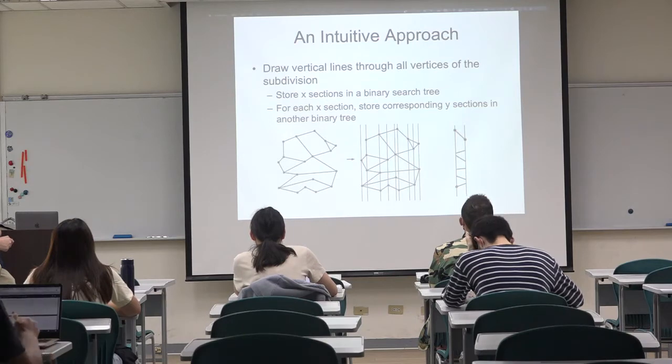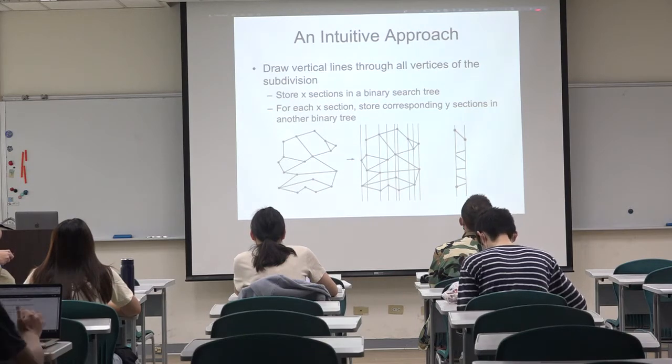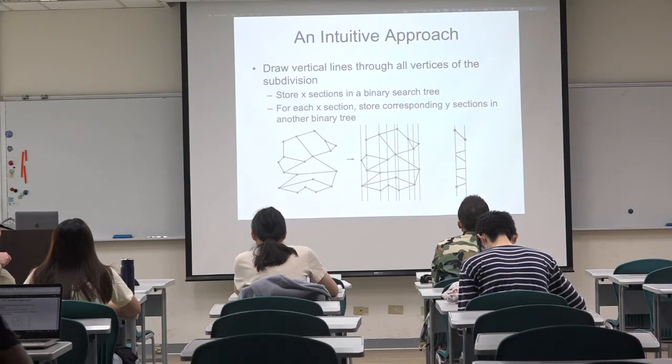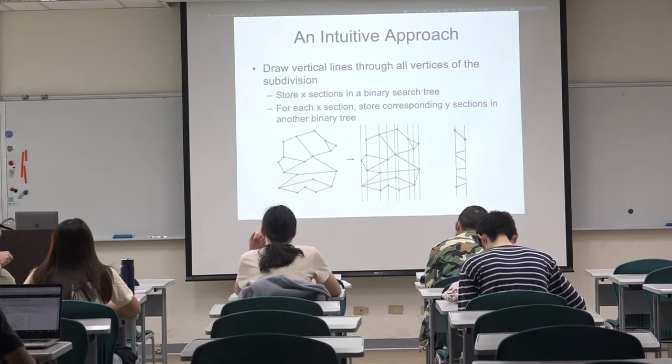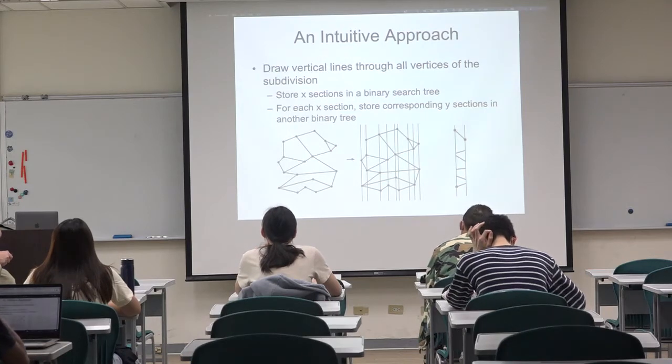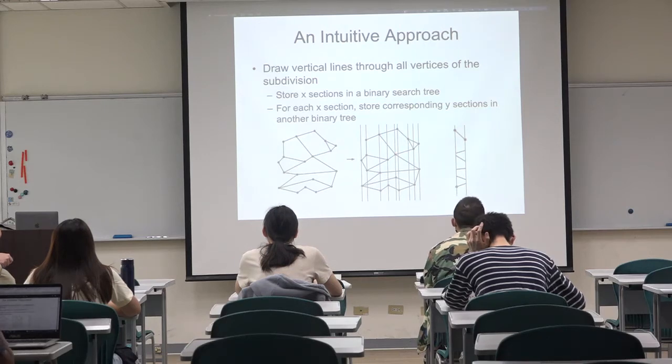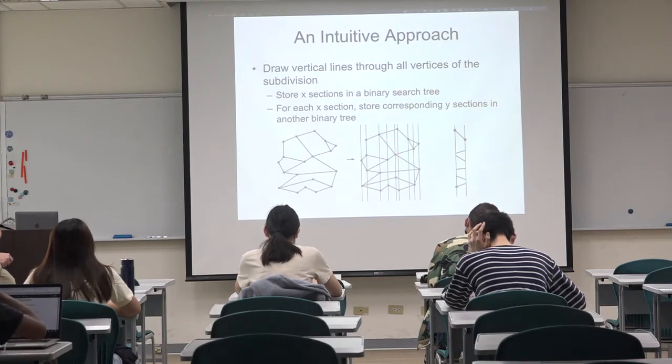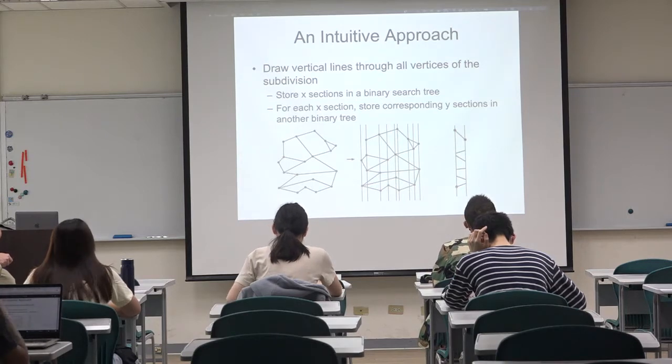So one intuitive approach is that we can induce vertical lines from all vertices in your subdivision. So it will cut your map into something like this, right?